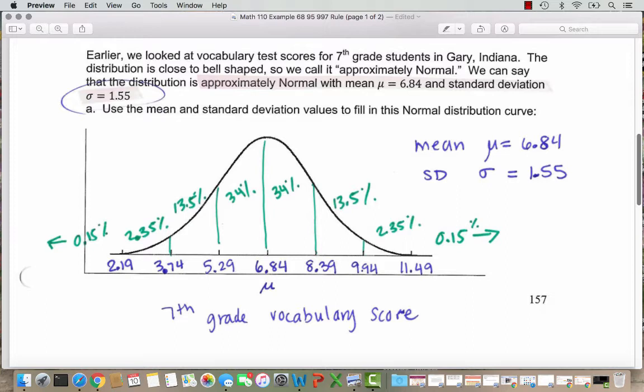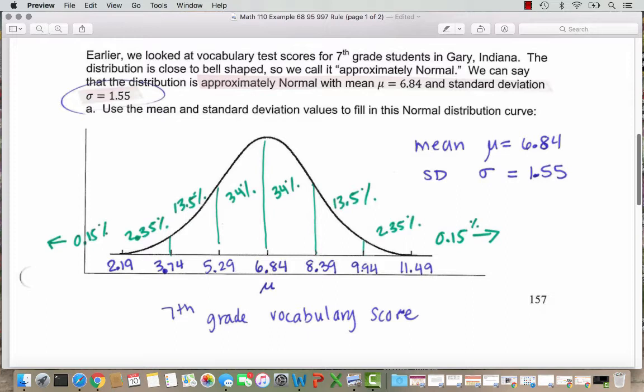So that would be a 7th grade student who has a 9th to 10th grade vocabulary score, and so that would be more unusual. That's why we're further out on the curve. When we add three standard deviations to the mean, we get a vocabulary score of 11.49. So that would be a very unusual 7th grader to have an 11th grade vocabulary score.